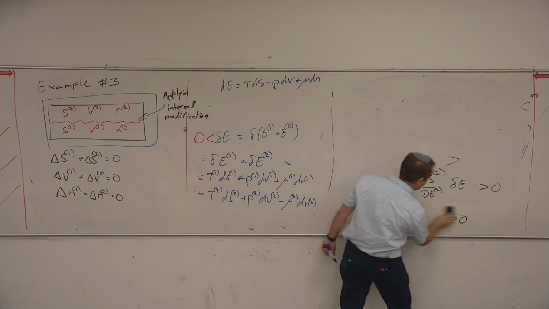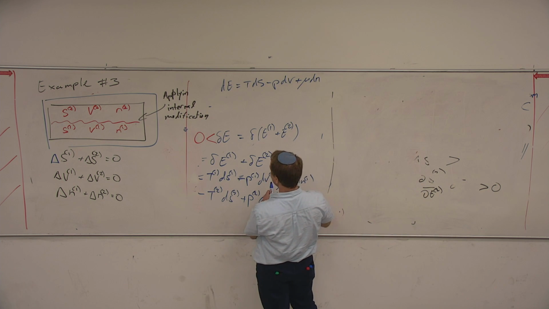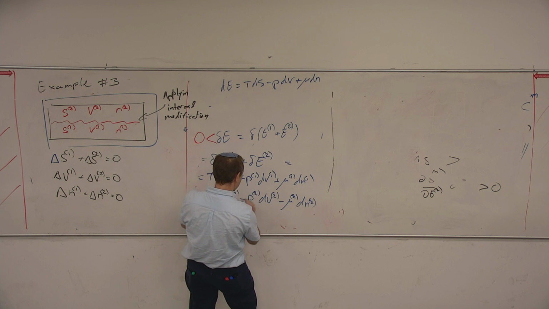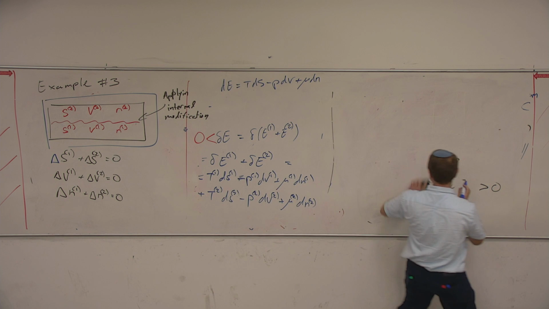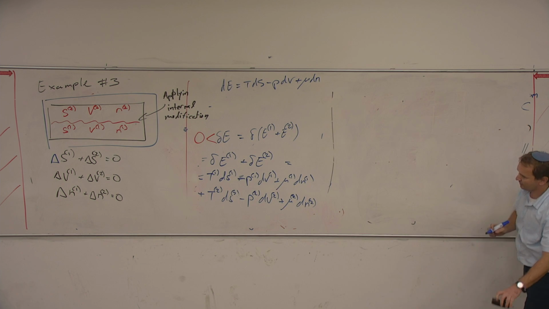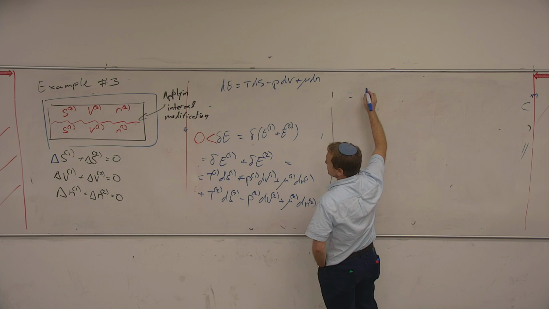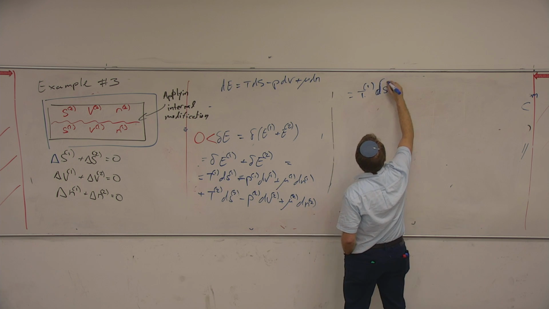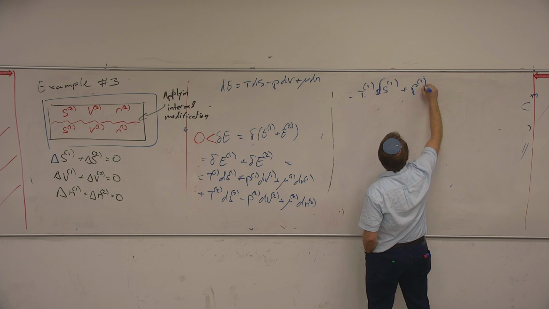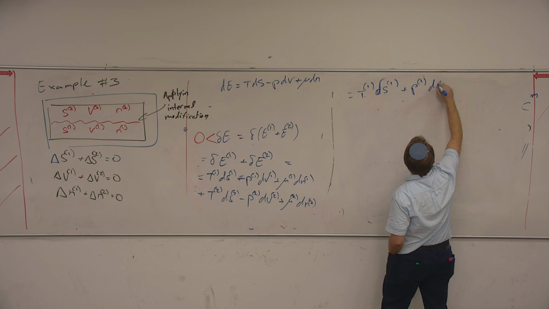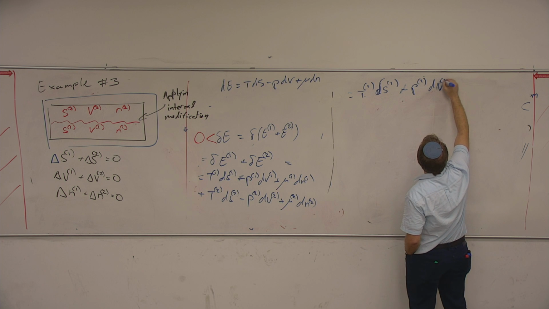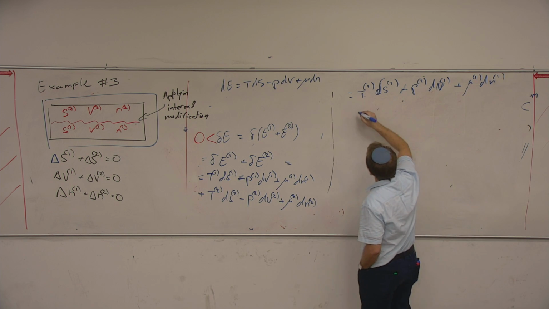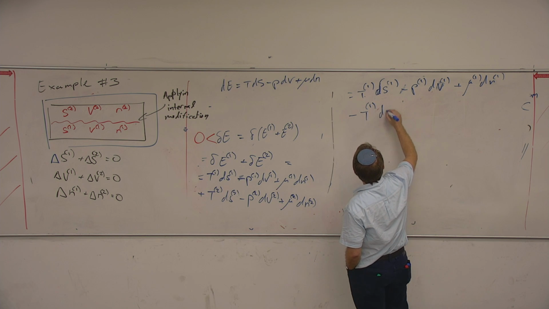Why is the second one in minus? Plus, my bad, sorry. Now they're going to be with the minus. So T1 dS1 plus P1 dV1, minus, I'm sorry, plus mu1 dN1, minus T2 dS2.